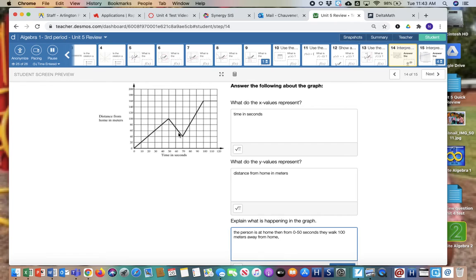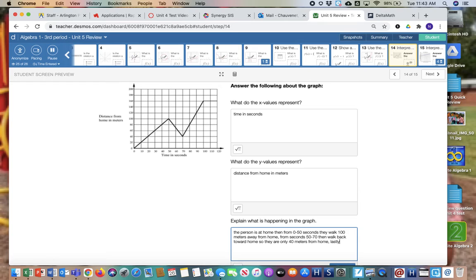So now from seconds 50 to 70, they walk back toward home. Okay, so they walk back from here to here, and now they're only 40 meters away from home. They walk back toward home, so they are only 40 meters from home.